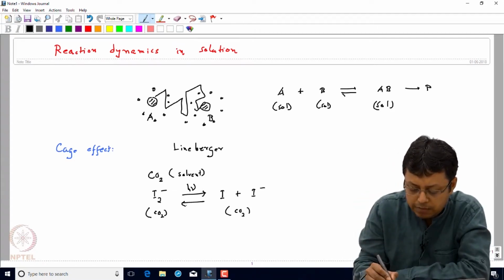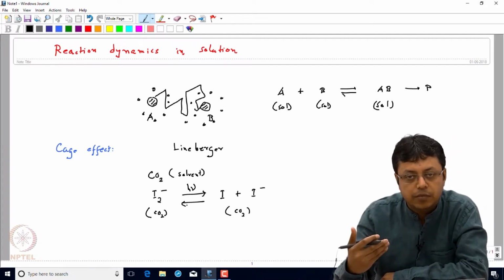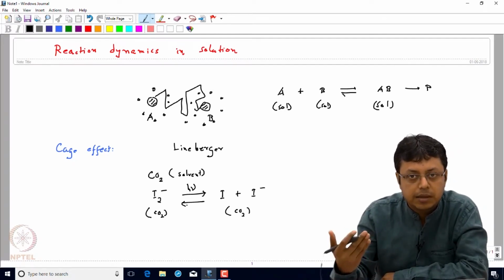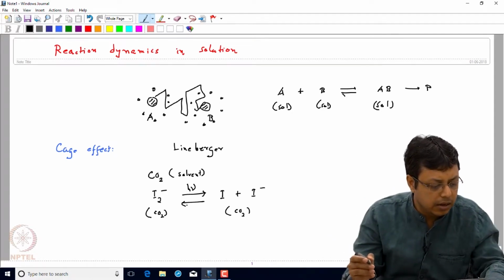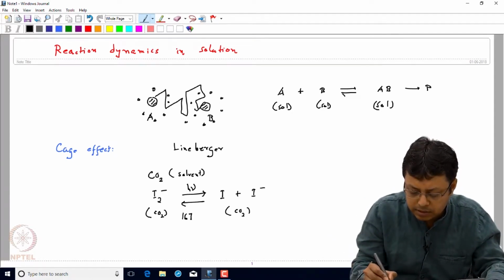When you have this, the energy of the photon is released as thermal energy, because you are forming a chemical bond, and that energy is 167 kilojoules per mole.